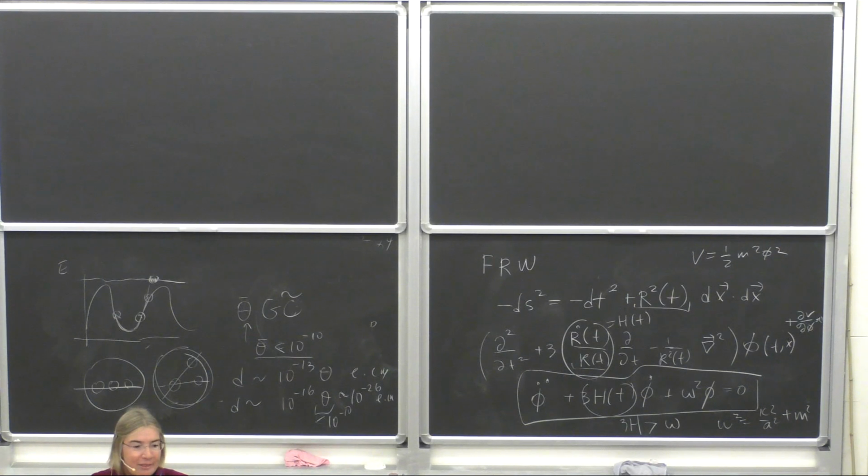It's kind of squashed. So how much squashiness do you think you can get? Well, if you blow up your electron to the size of the solar system, your squashiness is the width of a human hair, 10 to the minus 30.